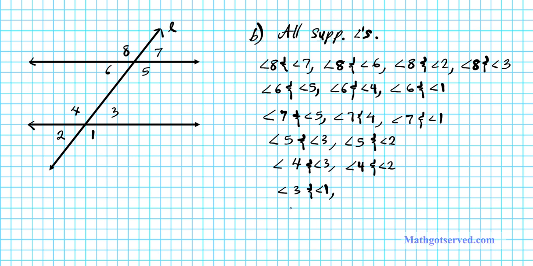Angle 1 and angle 2 are supplementary. They both add up to 180. Angle 1 and angle 3, we already listed it. Angle 2 is supplementary to angle 1, but we have already written that down. So that basically completes our list of the pairs of supplementary angles that exist in this setup right here.